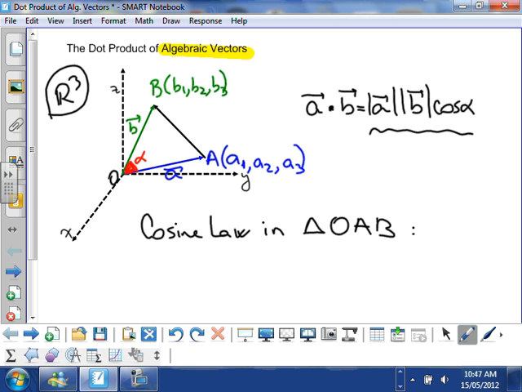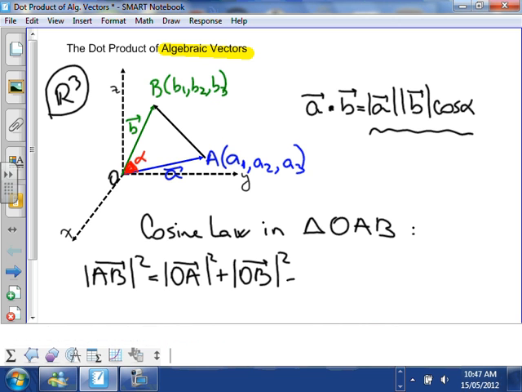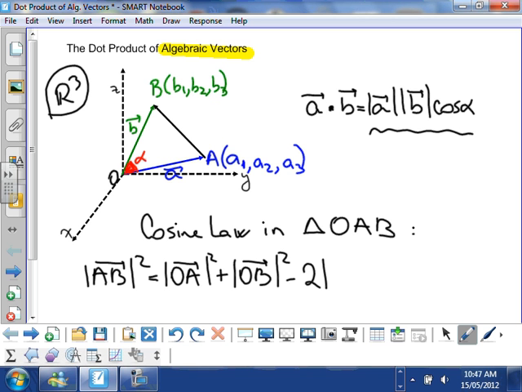So I can write easily, applying cosine law, that magnitude of AB squared, which is nothing else but the length of segment AB, is nothing else but magnitude of OA squared plus magnitude of OB squared minus 2 times magnitude of OA, magnitude of OB, cos of angle in between, cos alpha.